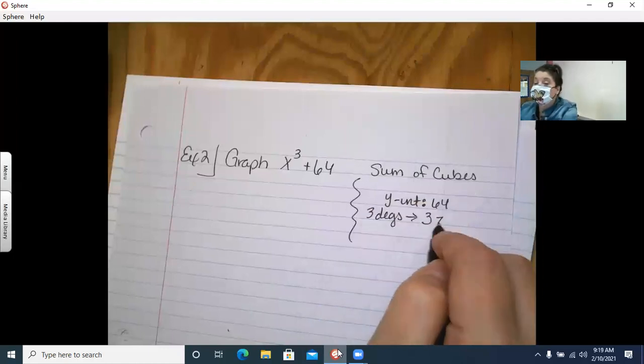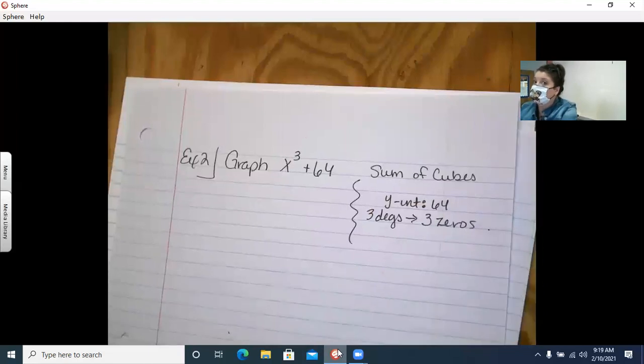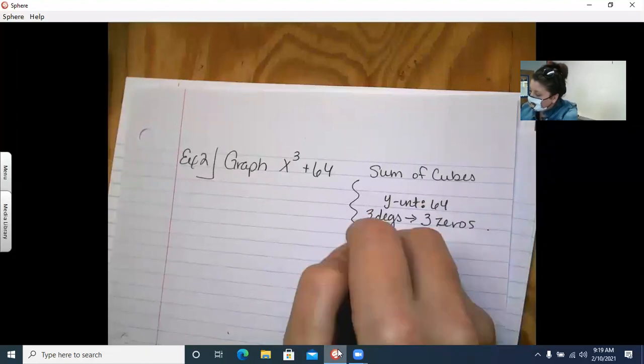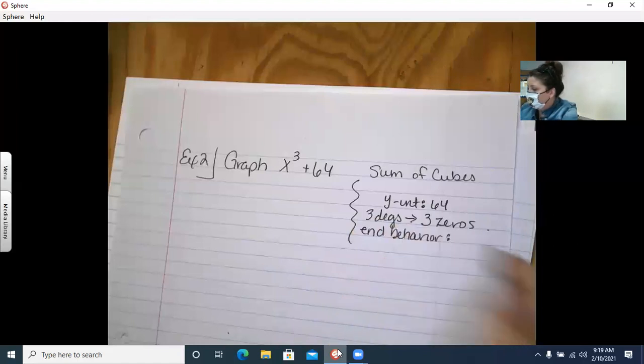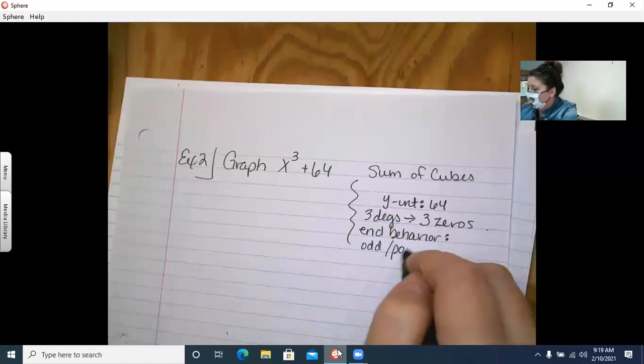Now we just learned, does that necessarily mean they're all 3 going to be on the x-axis? No. If I have 3 real solutions, they will all be on the x-axis. But if any of them are imaginary, you won't see them on the x-axis. Okay. And what is my end behavior going to be? Down and up. I have an odd positive. So that's down and up.